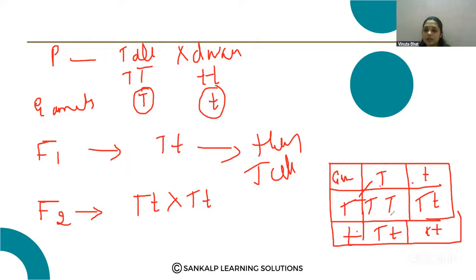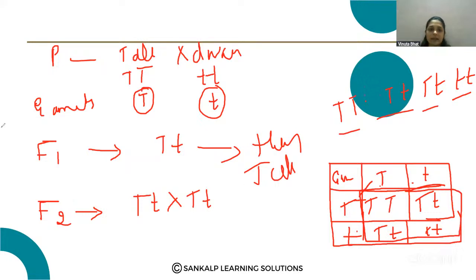Okay, so here also you can get the capital T, capital T, capital T, small t, capital T, small t, and small t, small t. Easily you will get the answer. Okay, so this is the answer.